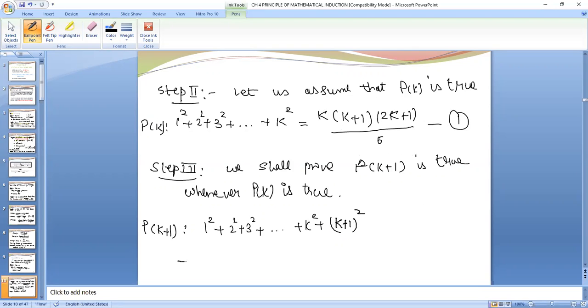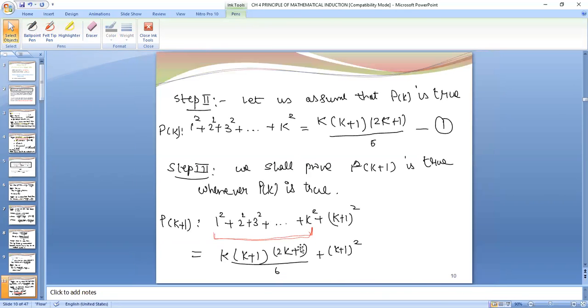Now this is equal to 1 square plus 2 square plus 3 square up to k square. This value you will put from number 1. So it is k into k plus 1 into 2k plus 1 upon 6 plus k plus 1 whole square.